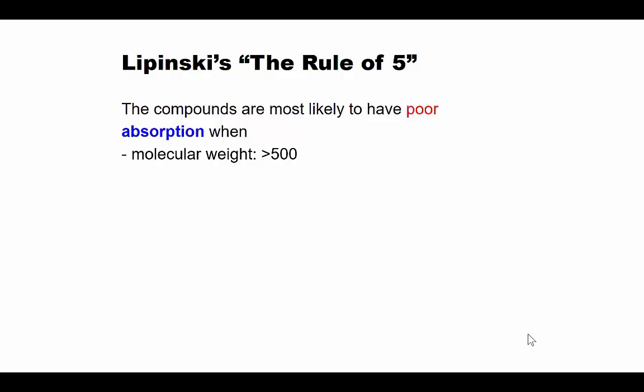First of all, he found that if the molecule's molecular weight is above 500, usually it has poor absorption. They cannot penetrate the membrane. Interesting, isn't it? So this is the first time we can start to say what is a good small molecule or drug-like small molecule: the molecular weight limit is 500.